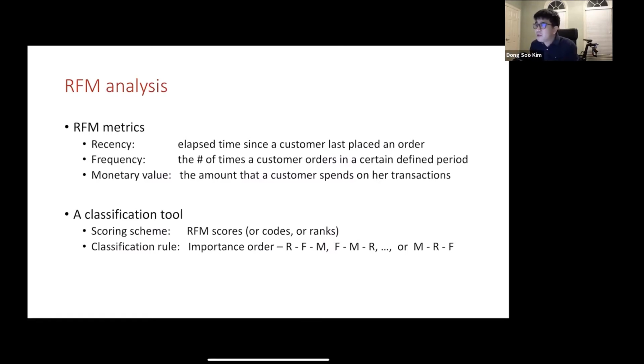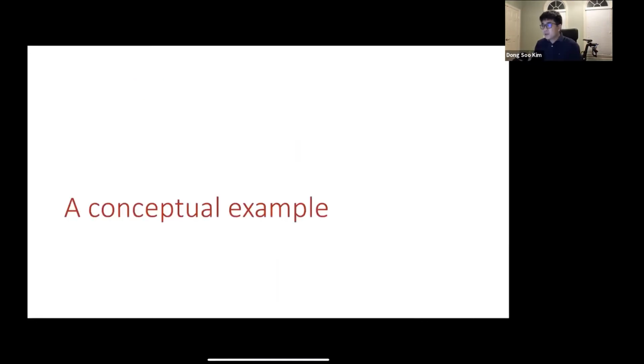In addition, please note that the scores are sometimes called codes or ranks. In this lecture and the following lab, RFM scores, RFM codes, and RFM ranks are all used frequently. Okay, that's the brief overview of this lecture.